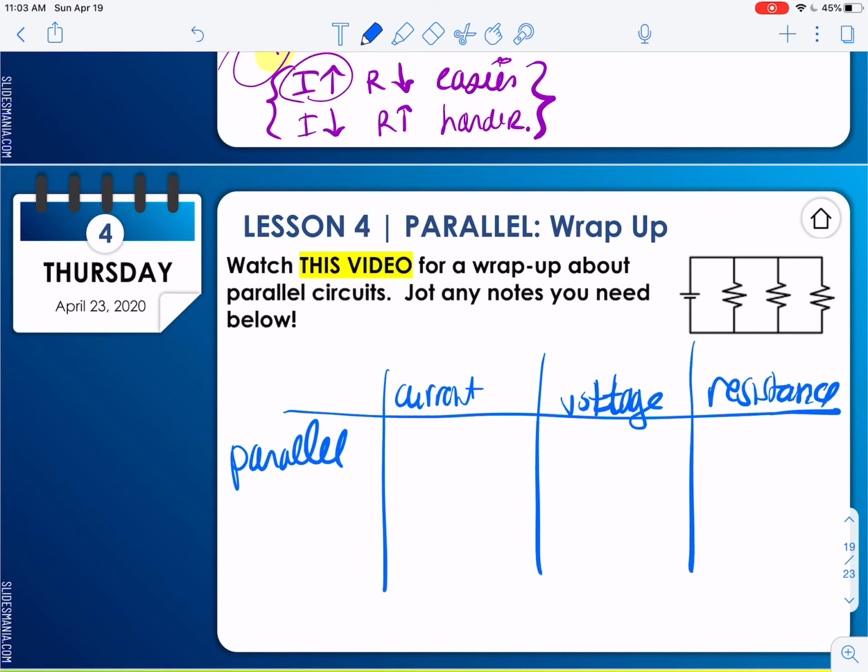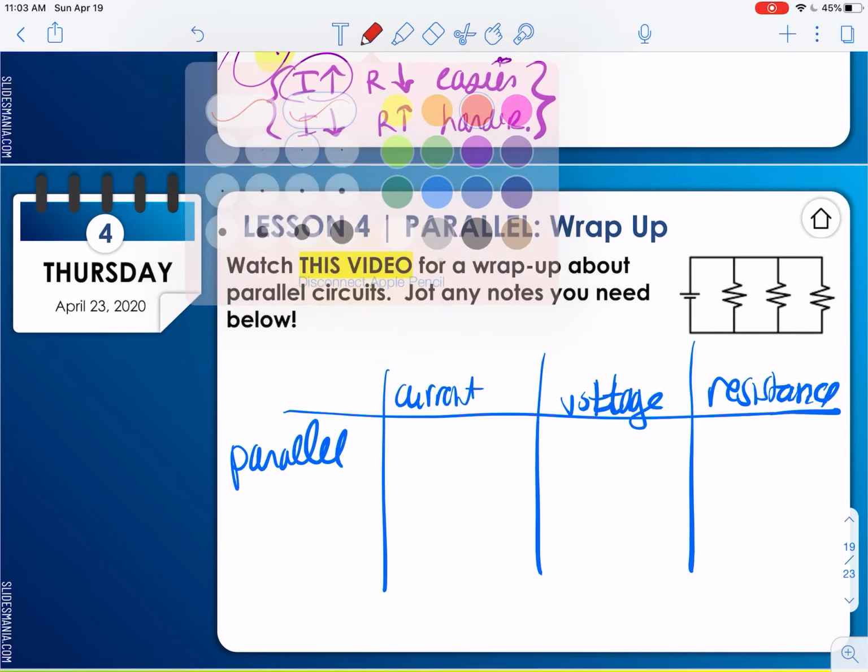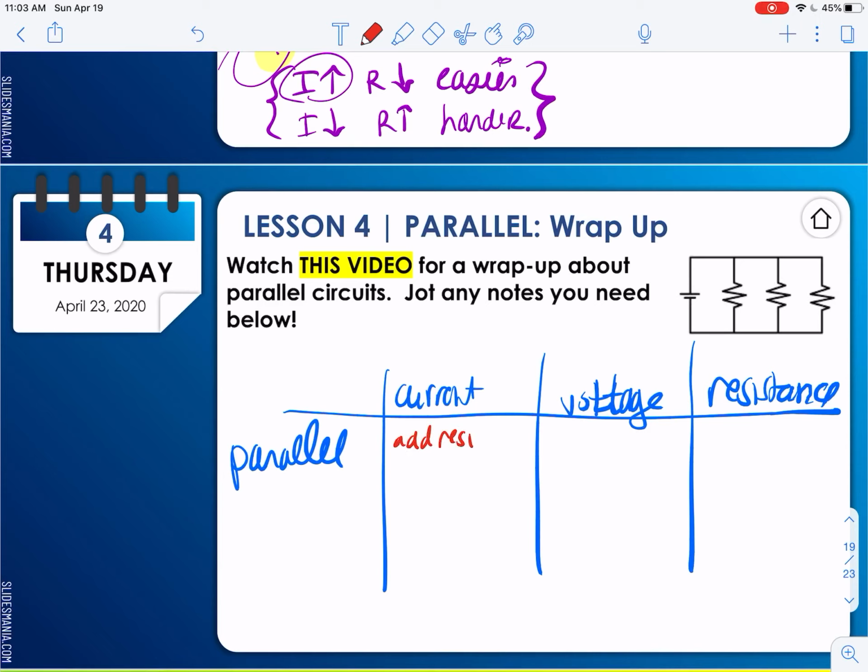So in a parallel circuit, when I add more resistors, the current goes up overall. Each path can support more current, something like this.